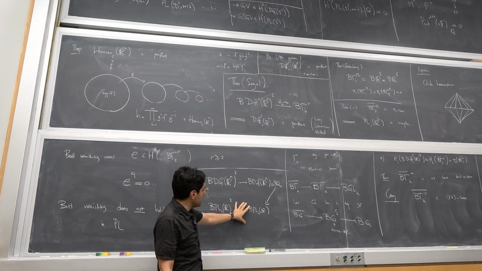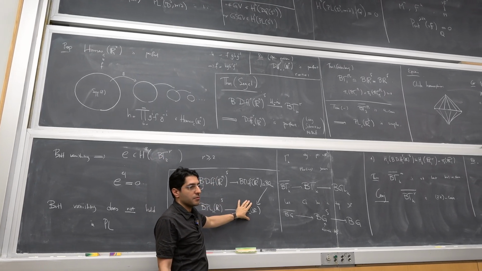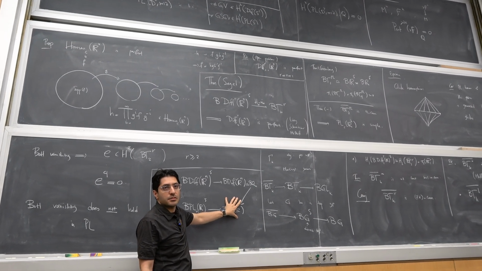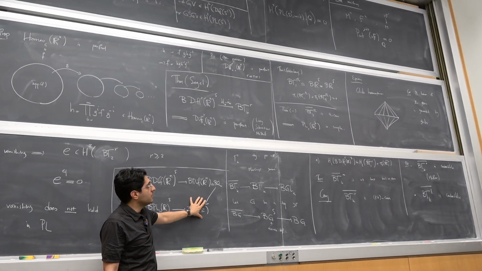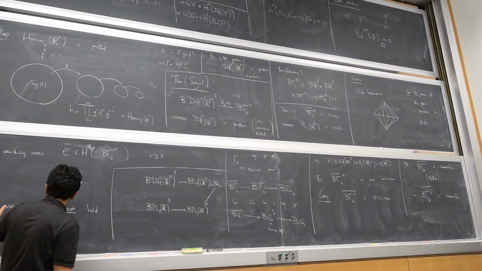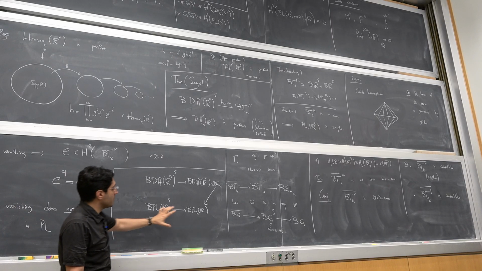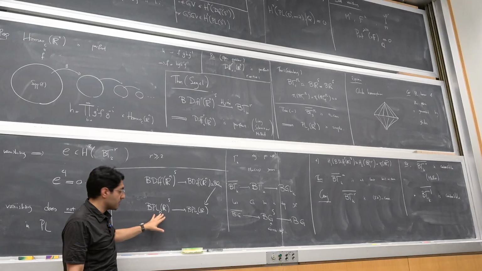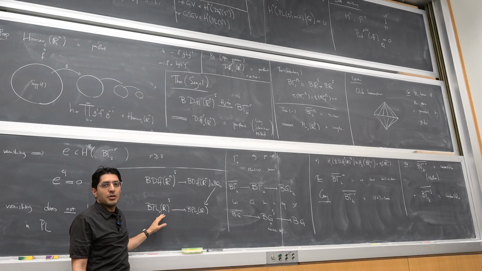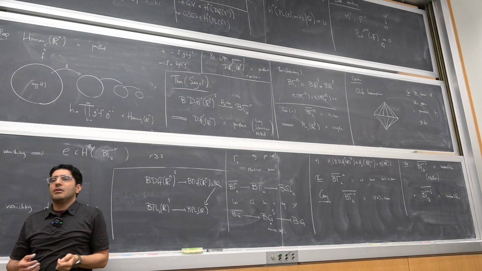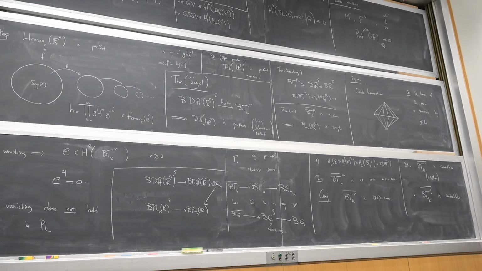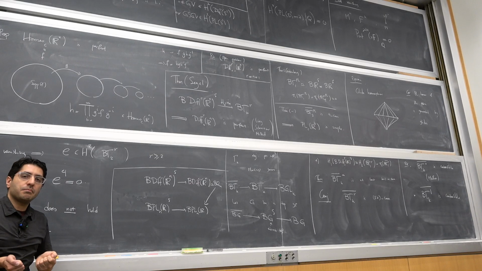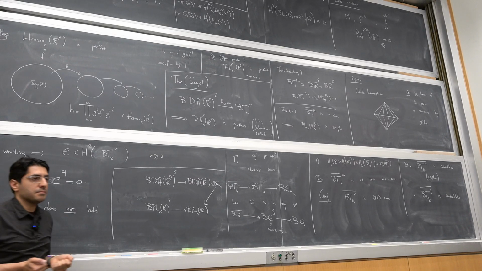In the case of PL, one can also make sense of PL Pontryagin classes. And the non-existence of Bott vanishing tells you that when you pull them back to the discrete version, they're non-zero. So in particular, there is a story about a combinatorial formula for Pontryagin classes.